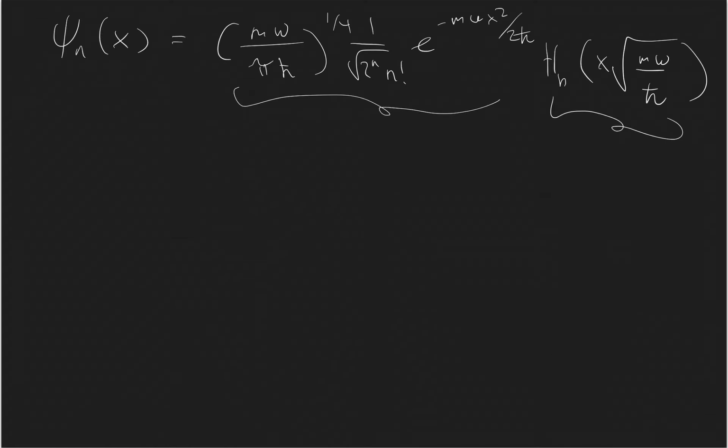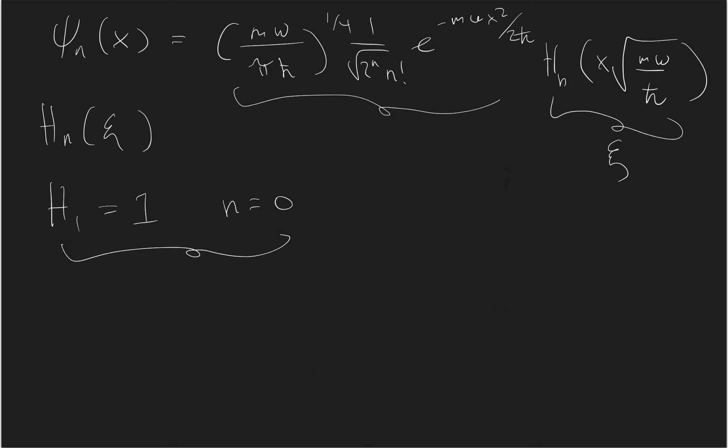And what this h sub n of z is, where z is, let's say, this here, is that the ground state function is going to have this special property, where n has to equal 0, as we required before, so that we can have that special ground state wave function, and of course this will be a Gaussian function.